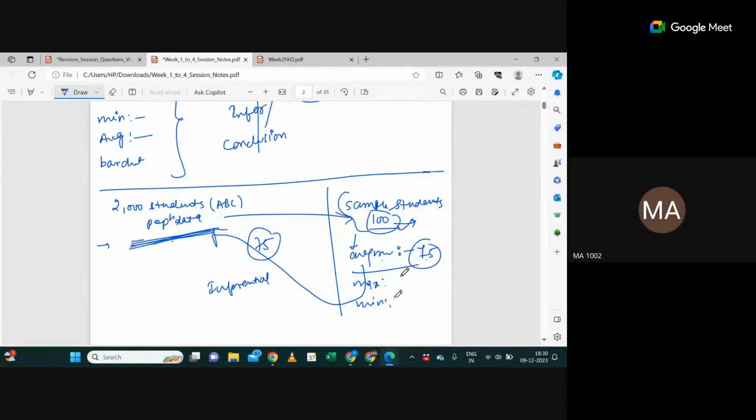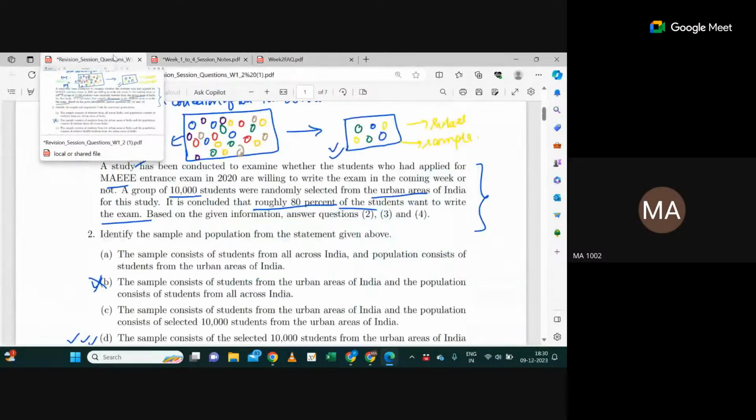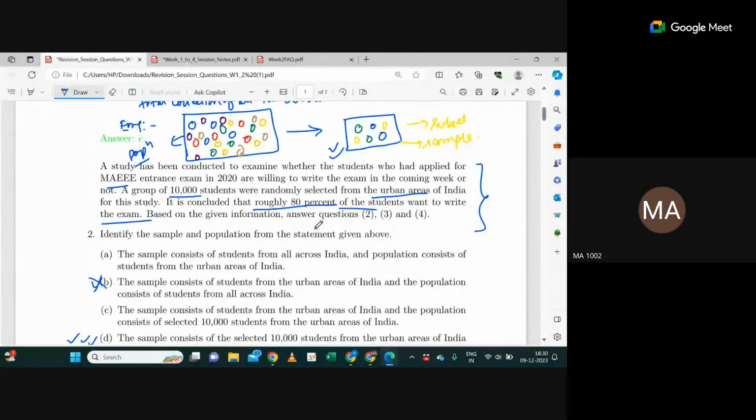So basically, descriptive I can perform on population and sample, whatever data set I have, but inferential I can perform only on the sample data set. Is this clear to all of you?